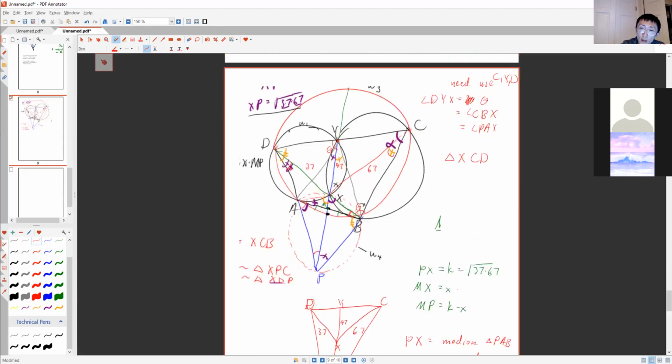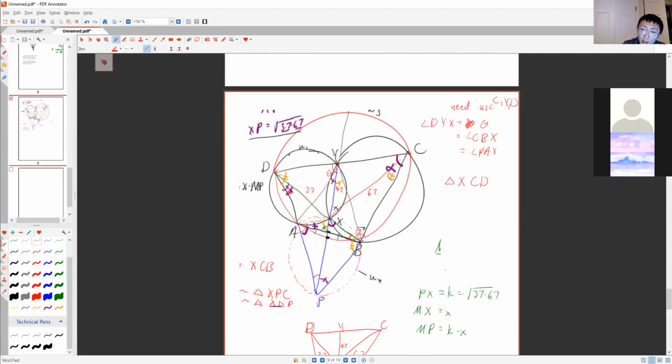In other words, if you draw the circumcircle of PBC, the two tangents meet at this point. But I kind of doubt we'll be using that.